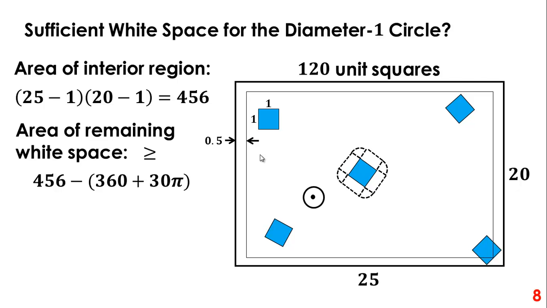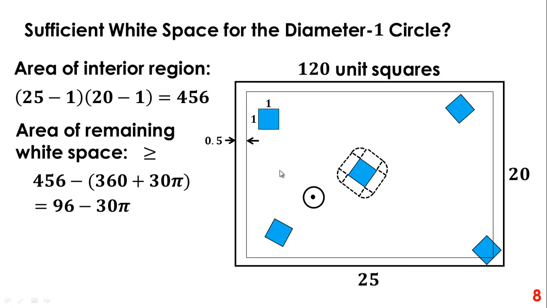Why? Because part of the blue squares may overlap with the boundary strip. That could happen. Even so, the area of remaining white space inside the inner rectangular box is still greater than this number we have here.